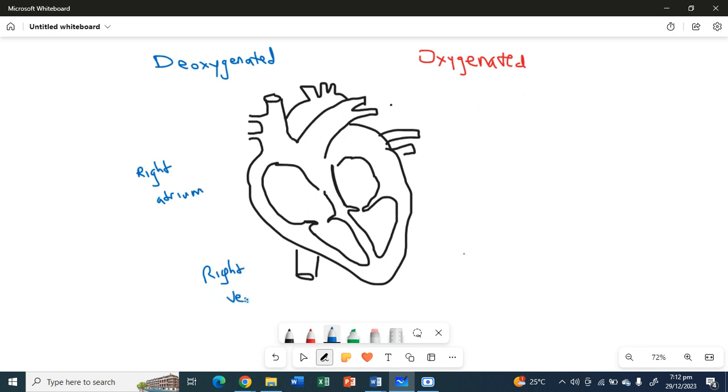These deal with deoxygenated blood. Then we've got the left atrium, and we have the left ventricle. These are the four chambers of the heart. Let's write them down.